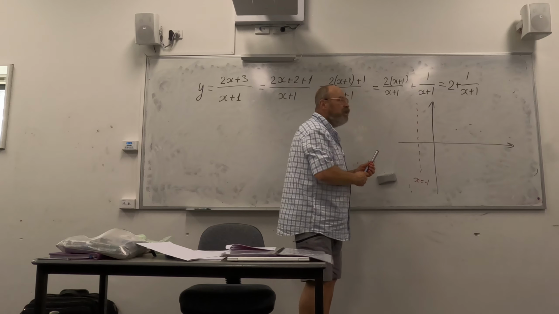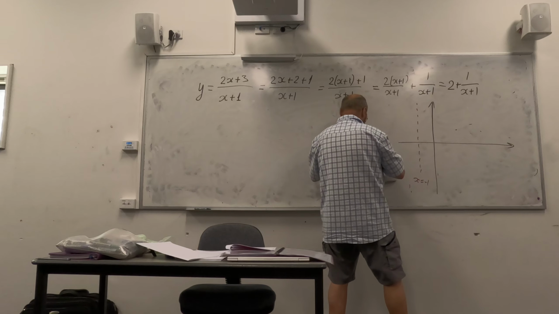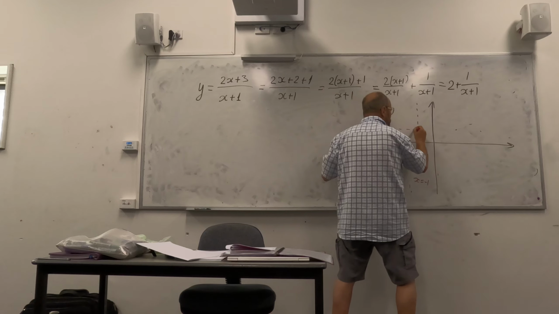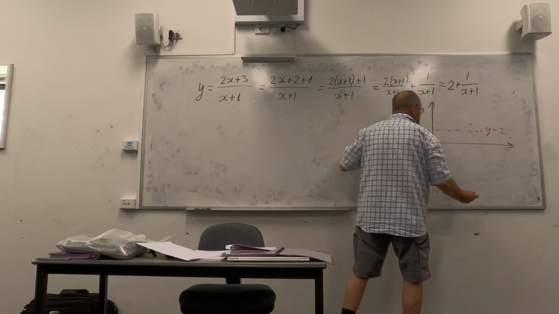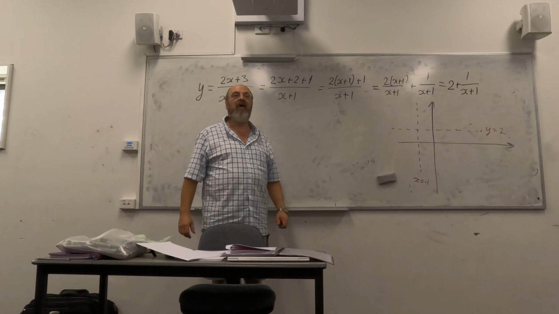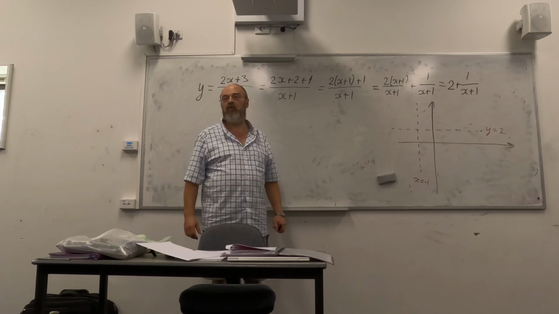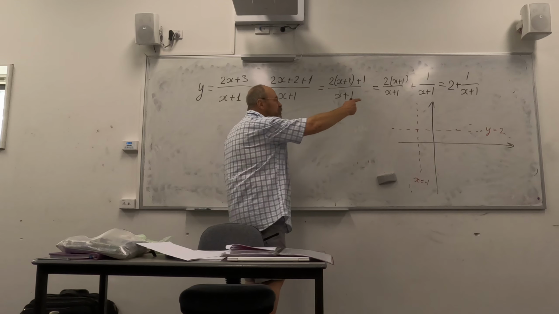What is the horizontal asymptote? y equals 2. And now we will have both x and y intercept, but on different branches of the hyperbola. Let's find them.